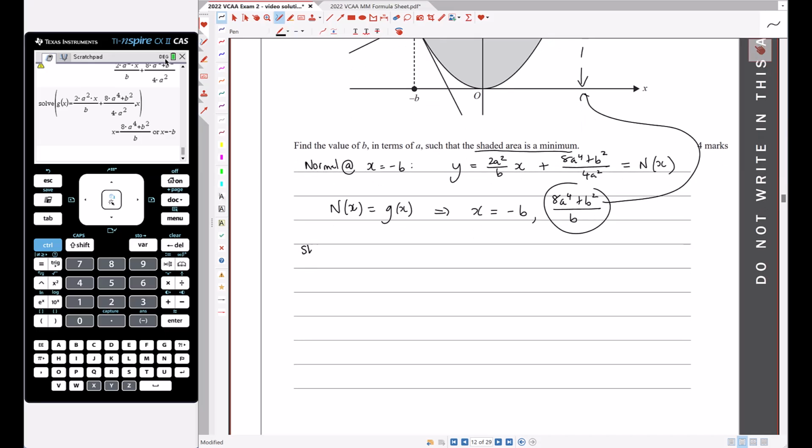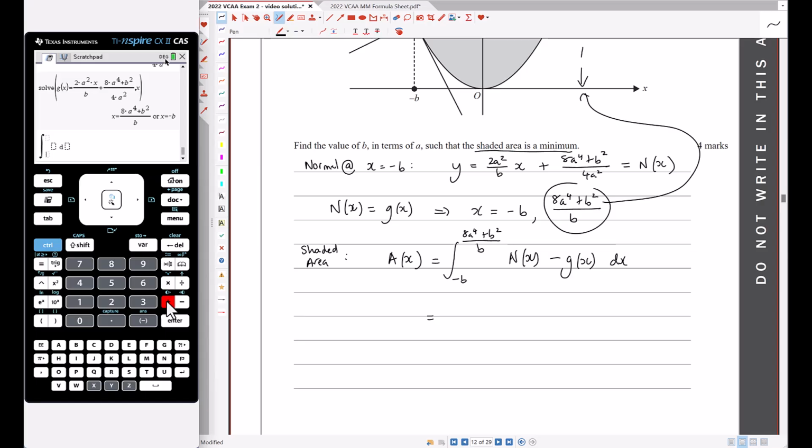Alright, so then my shaded area, I'm going to call it a of x, is going to be the integral from negative b to 8a to the 4 plus b squared over b of my normal, which is n of x, minus my curve, which is g of x. Alright, let's do that. I hope we get something that doesn't look too ugly.